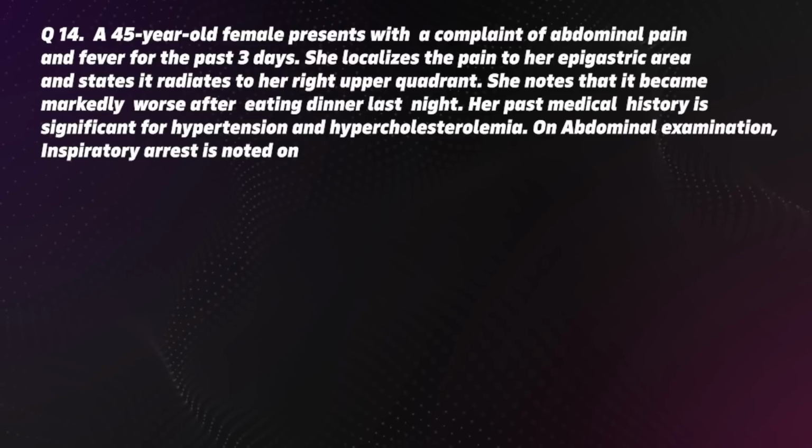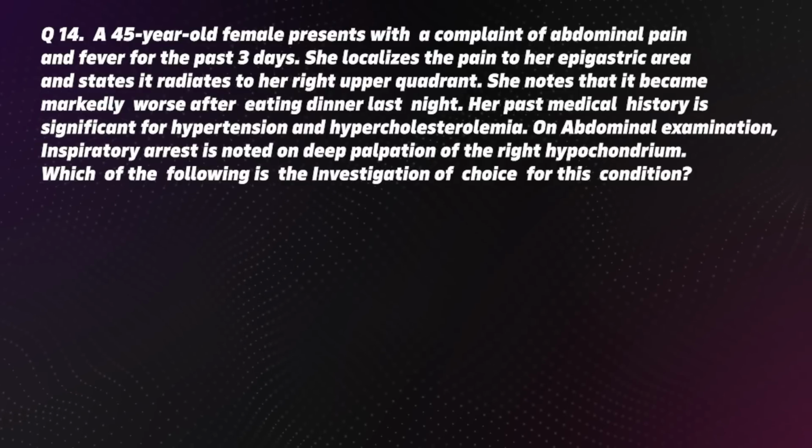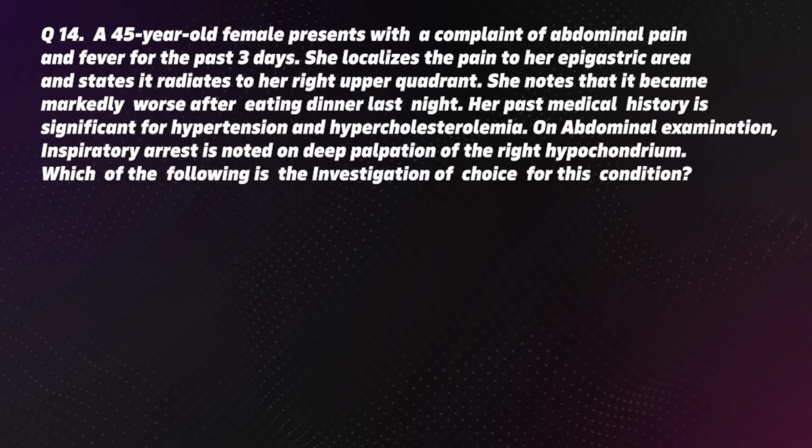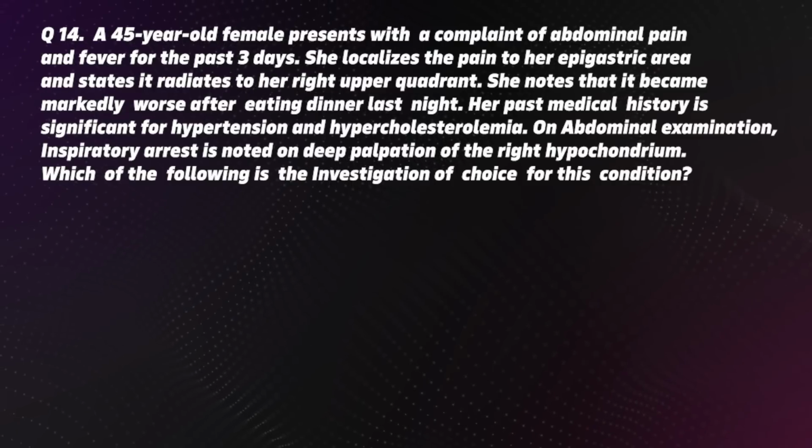Question 14. A 45-year-old female presents with a complaint of abdominal pain and fever for the past 3 days. She localizes the pain to her epigastric area and states it radiates to her right upper quadrant. She notes that it became markedly worse after eating dinner last night. Her past medical history is significant for hypertension and hypercholesterolemia.